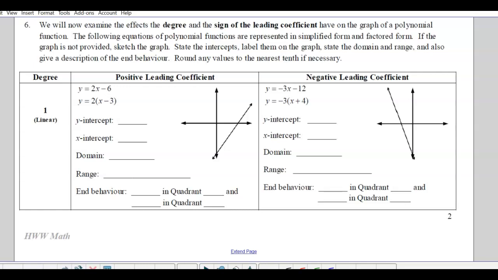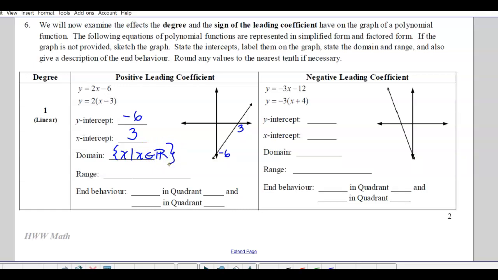We already did this one. The y-intercept is -6. The x-intercept is 3. Remember, the domain of any polynomial function is all real numbers.